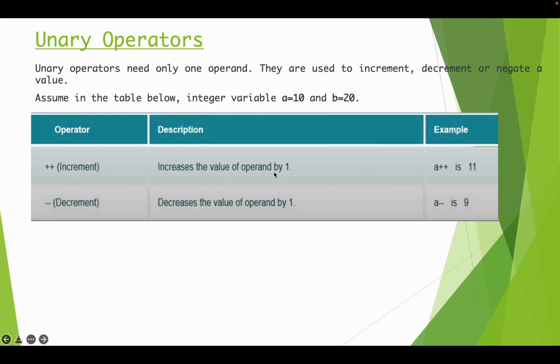So A plus plus, A's value is 10, then A plus plus means 11. So it will increment by 1, and decrement, A minus minus, gives 9. So 10 minus 1 equals 9. Like this we need to use the unary operators, increment and decrement.